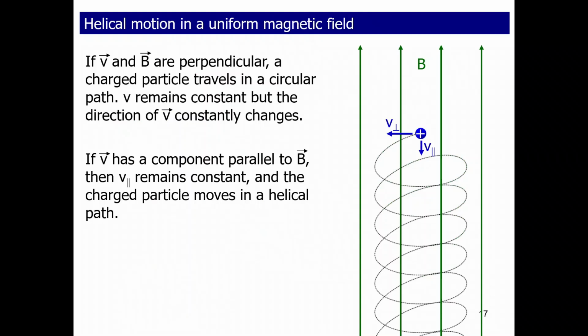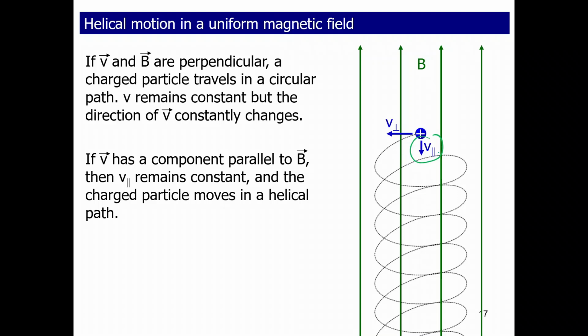Now, that was if your velocity and your magnetic field are perpendicular. If any component is not perpendicular, for example, if I have an initial velocity in this example that is at an angle, there is both a parallel and a perpendicular component of that velocity at the start. The magnetic field cannot affect the parallel component because it's based on the cross product. Magnetic fields only affect the perpendicular components of the velocity, and just cause you to change directions, not speeds.